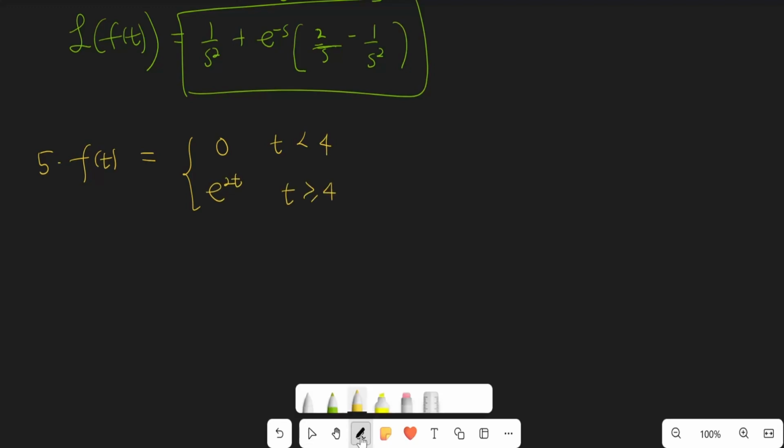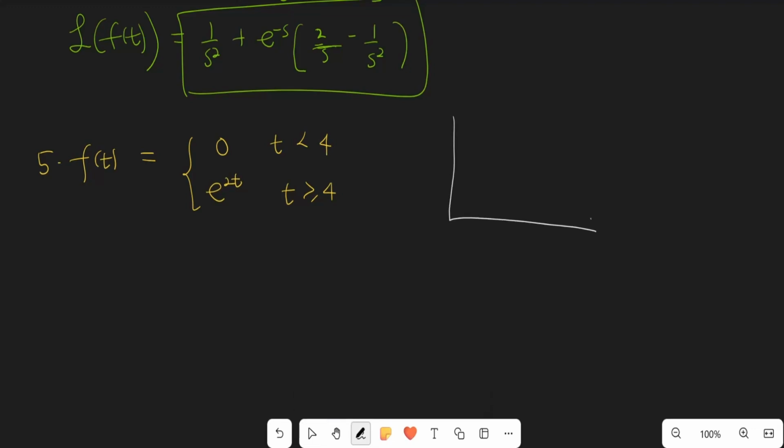This is easy to graph. We have our time axis, right? As far as t is less than 4, let's say 4 is here, this function is 0, but it switches to the exponential function at t greater than or equal to 4.